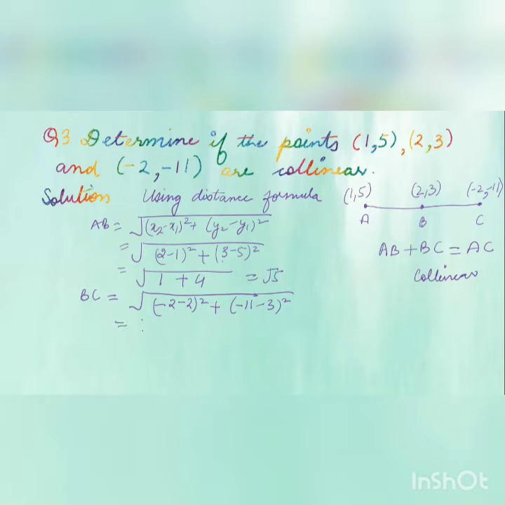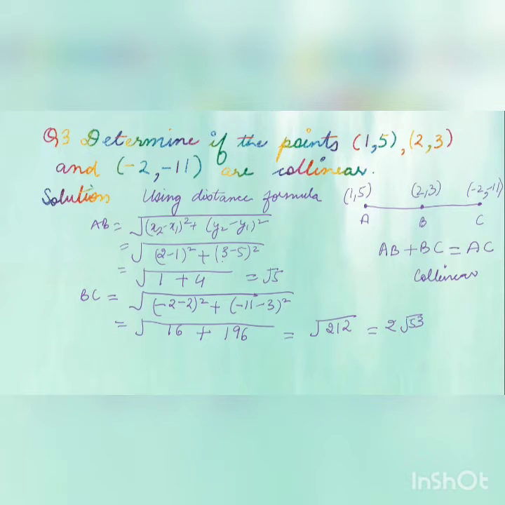So minus 2 minus 2 is minus 4, minus 4 square is 16, plus minus 11 minus 3, that is minus 14, and minus 14 square is 196. So it will be under root 212. It is 2 under root 53.